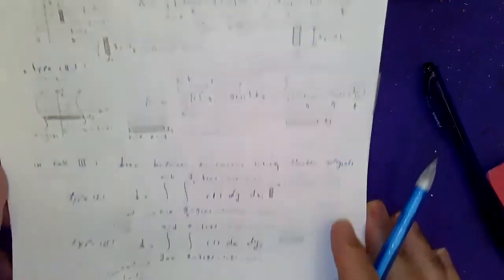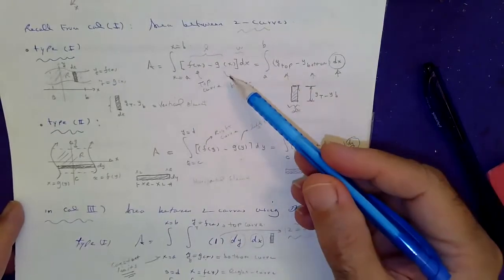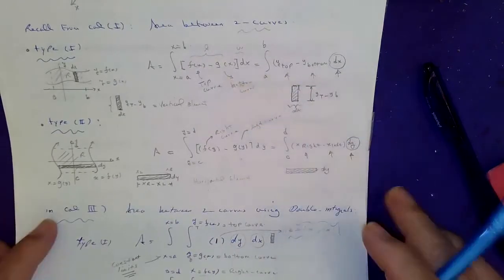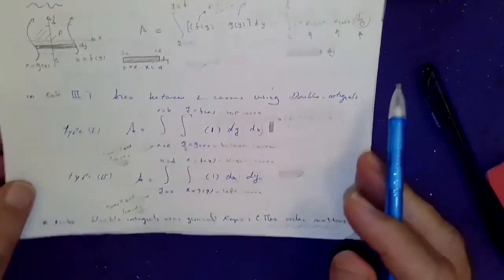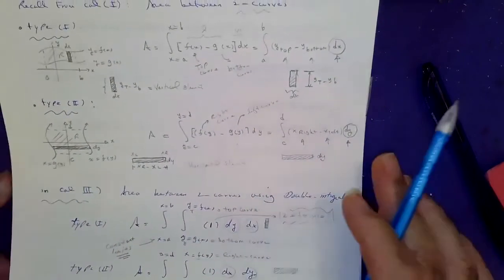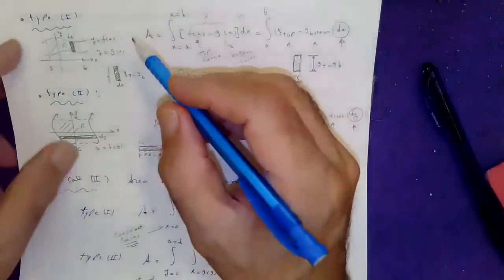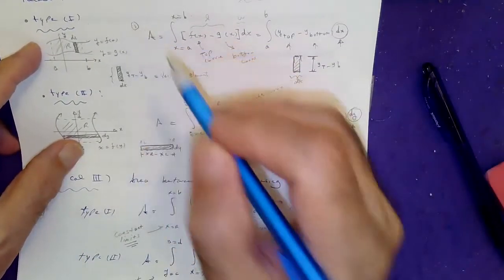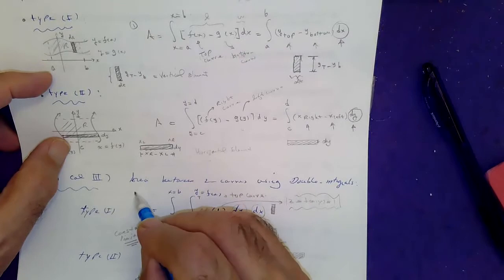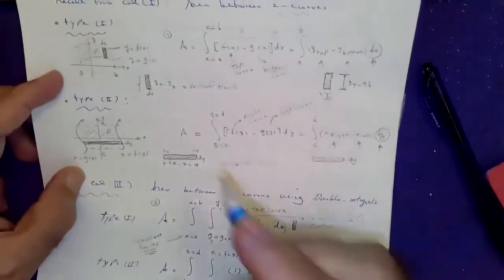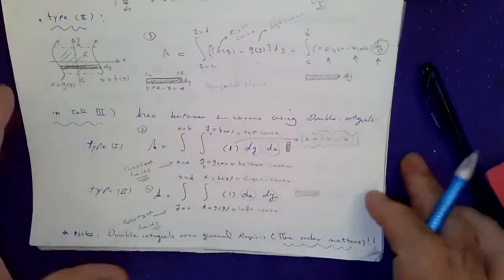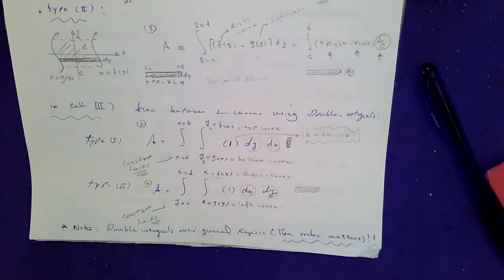So notice the difference. What was happening in Cal 1? What's going on in Cal 3? All of these four, number 1 and number 2, find the same area, and number 3 and number 4 also find the same area.